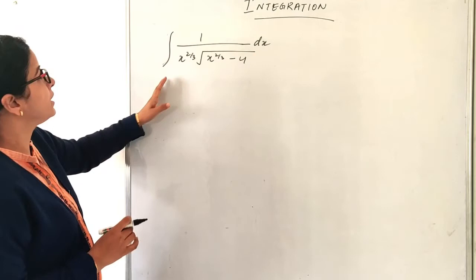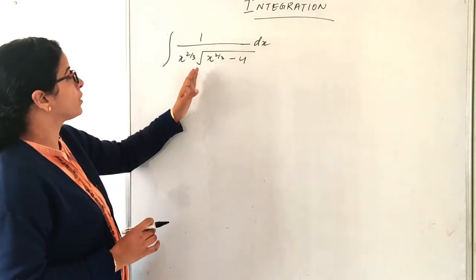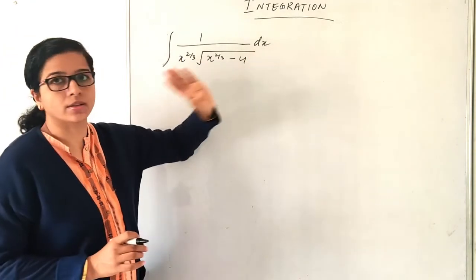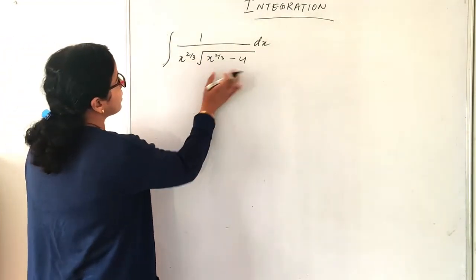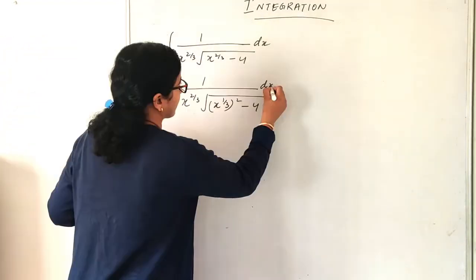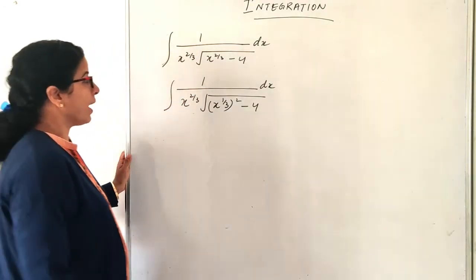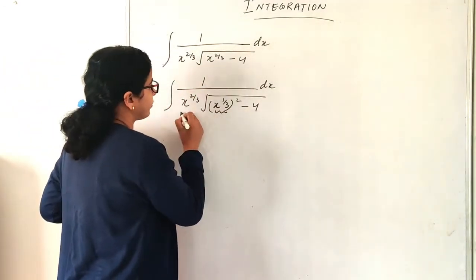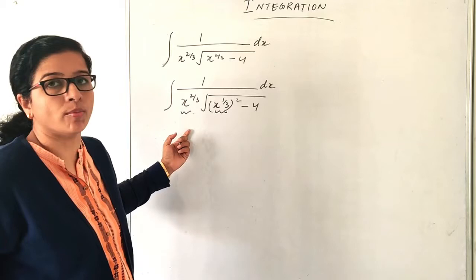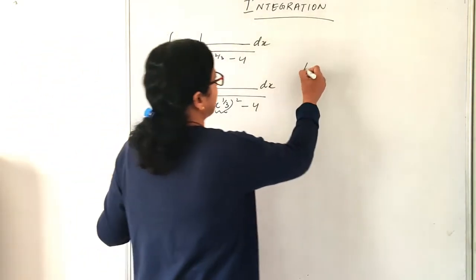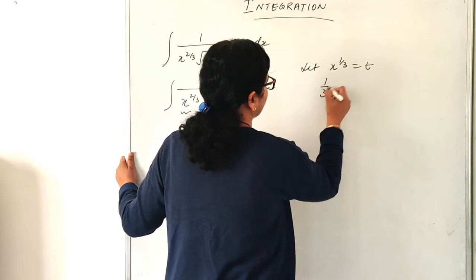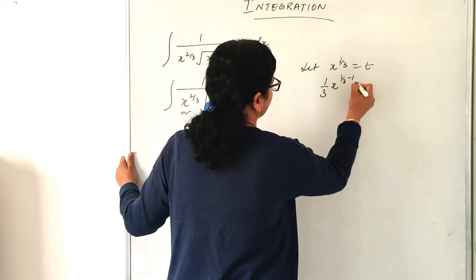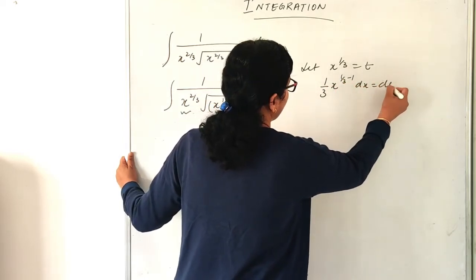So we have the integration of 1 upon x to the power 2 by 3 under root x to the power 2 by 3 minus 4 dx. Okay. So students, I can rewrite my integrand like this. Now I know the derivative of this will come in this form. So what I am going to do? Let x to the power 1 by 3 equal t.